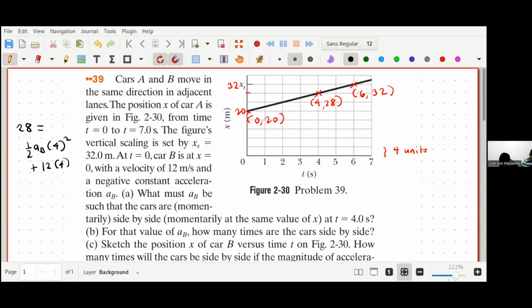Tapos, nasaan daw yung car? X equals 0 po. X equals 28. So, yung ganun. Car B at x equals 0. Okay, so ito na yung working equation for A sub B. Kaya, okay, pwedeng patingin uli ng ano? So, compare natin yan.